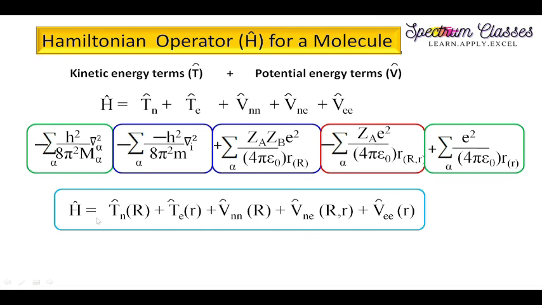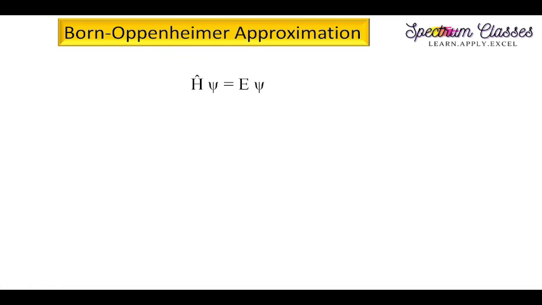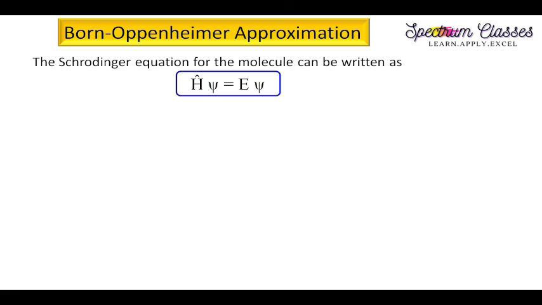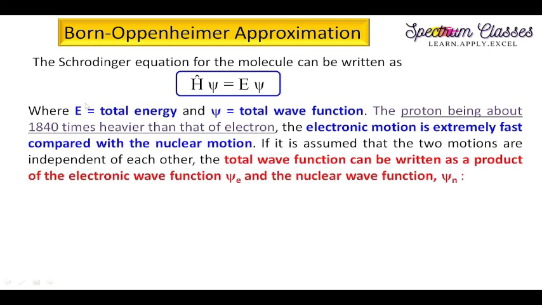Fine. Now the Schrodinger wave equation for the molecule can be written as this, and here E is the total energy of the molecule and psi is the total wave function for the molecule.